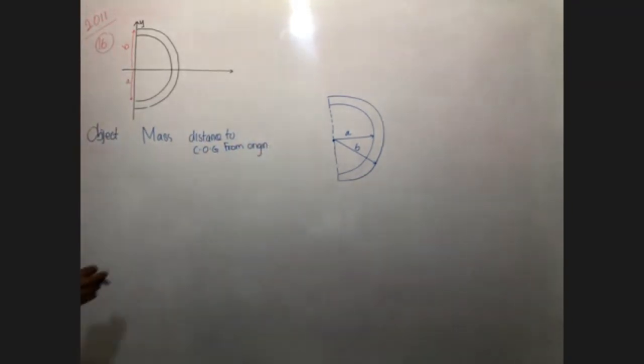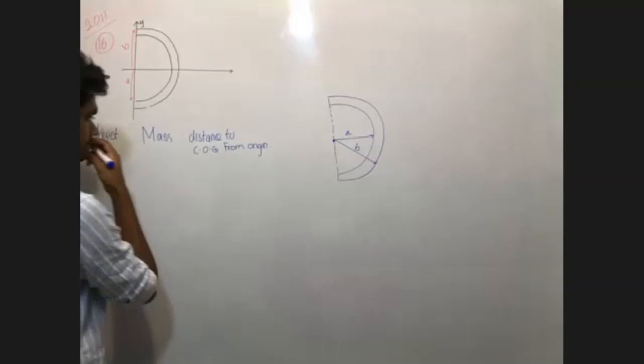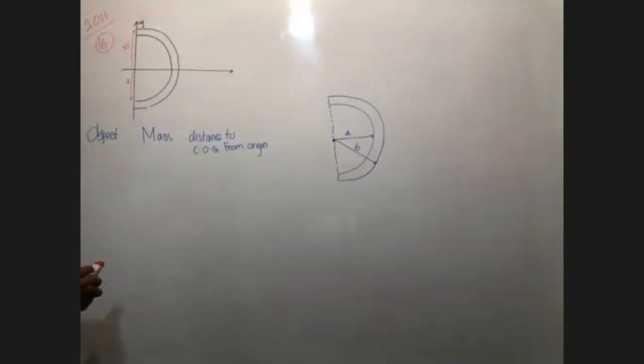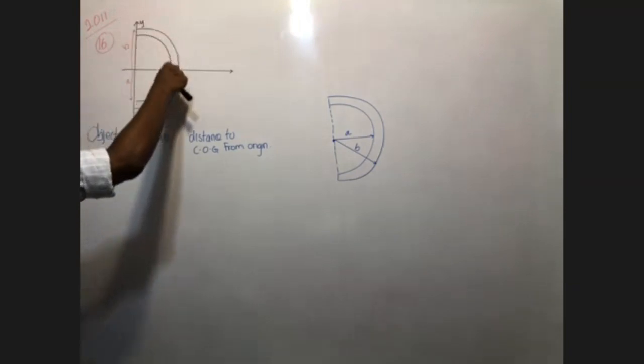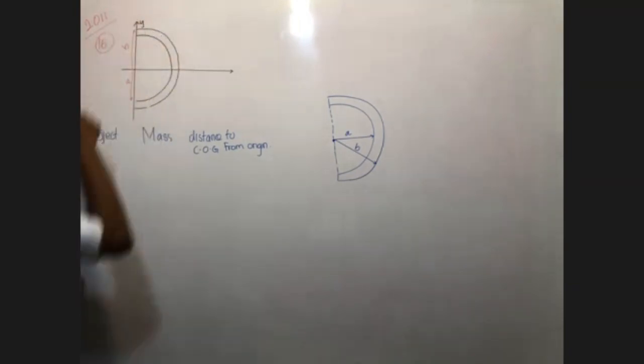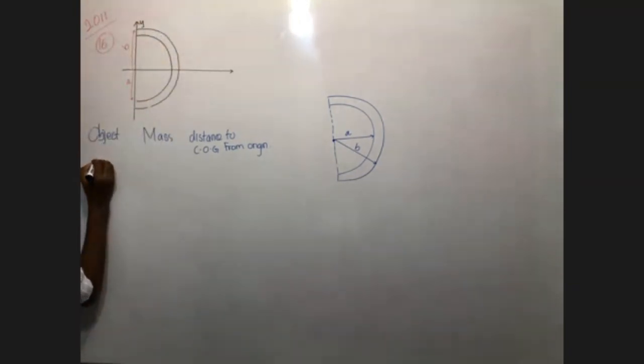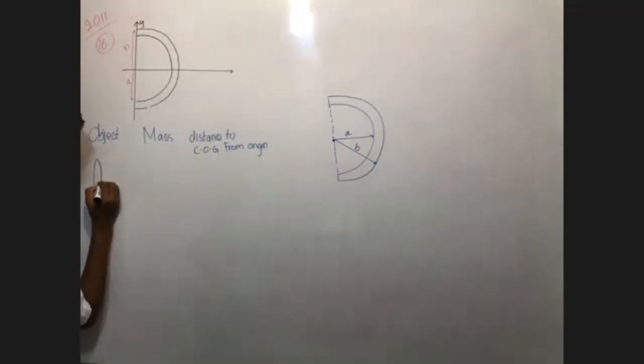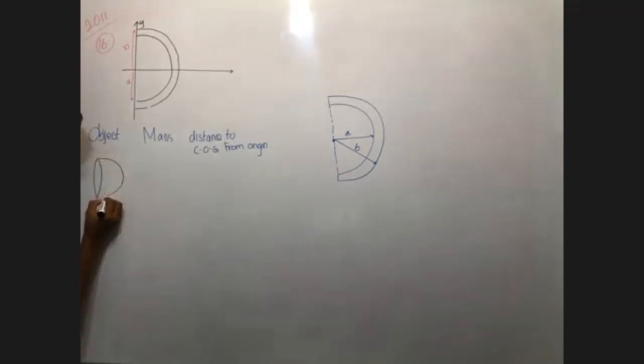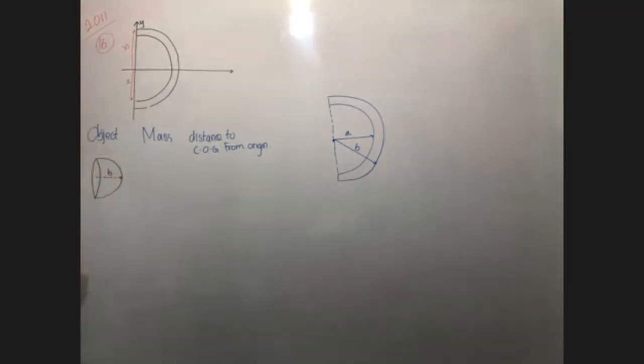Fine. So first of all, let's take the larger hemisphere, hemisphere of radius B.